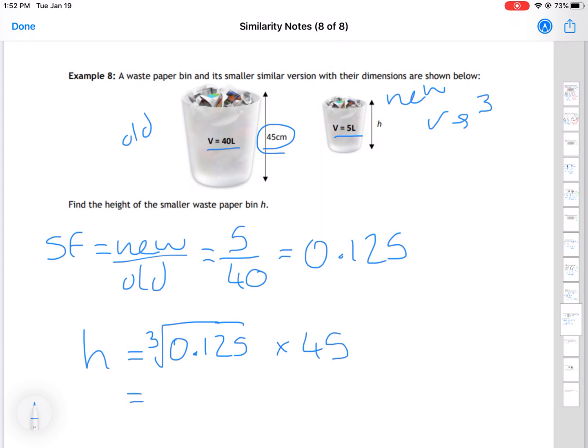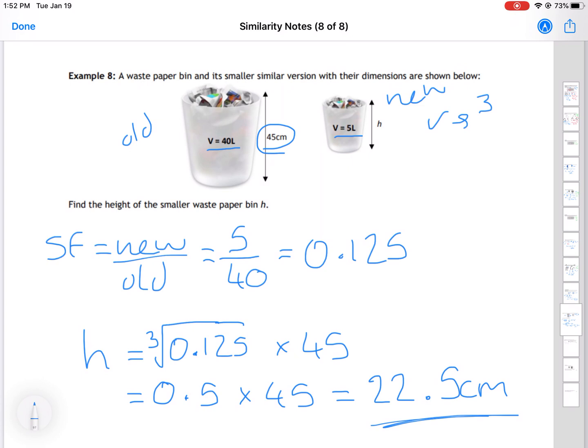Now the cube root of 0.125 has been chosen specifically so that it will give you the number, sorry, not 2, 0.5. We can then times that by 45 in order to get the height, and the height of the smaller trash can is 22.5 centimetres.